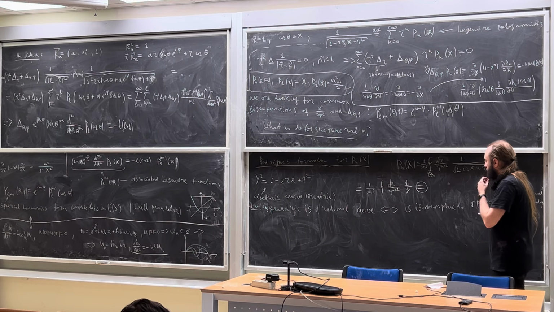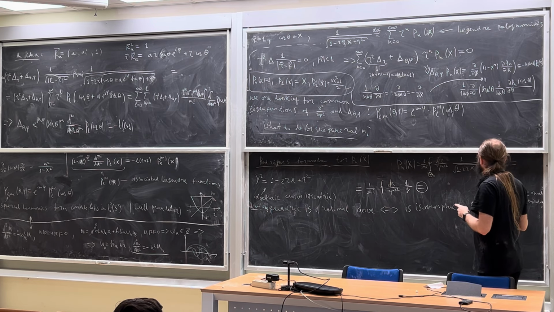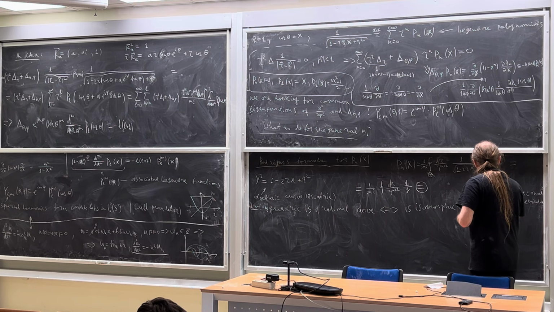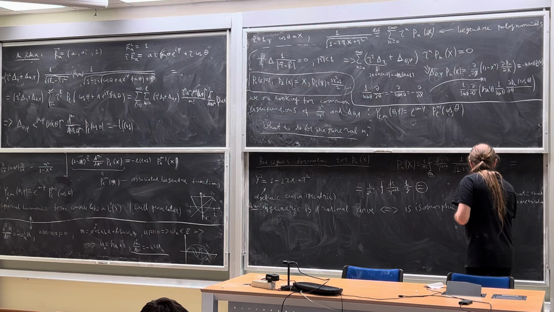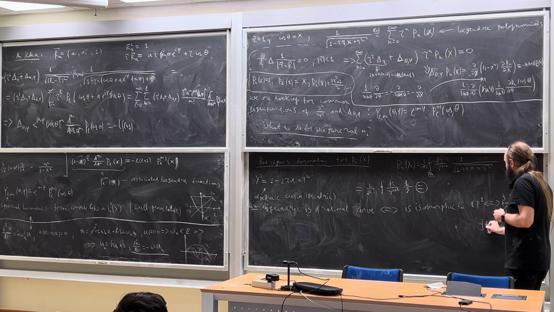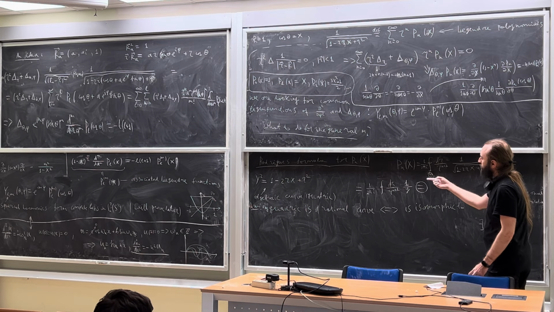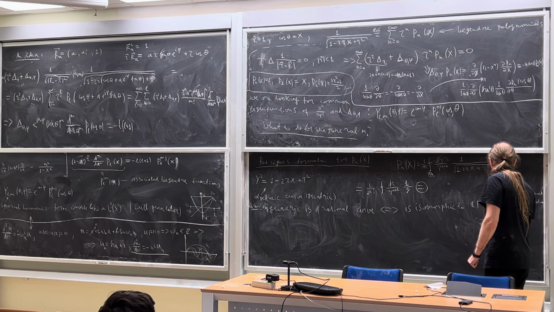Which is the same as to say that there exists a rational parameterization. A rational parameterization means that we can construct a function t, which is a function on this curve. It is a function of y and r.